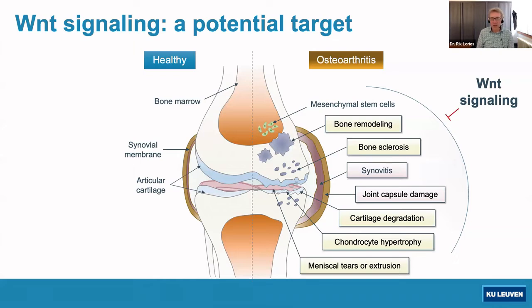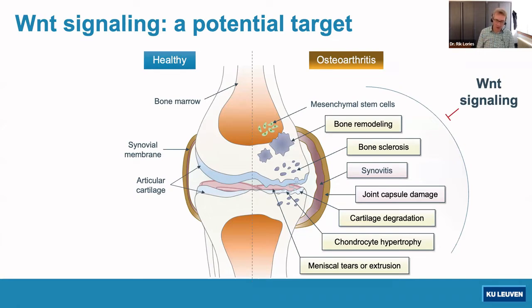And what we know now is that basically every cell in the joint can be sensitive to Wnt signaling and mostly reacts, if you look at it from the perspective of osteoarthritis, in the wrong way. We know that increased Wnt signaling is associated with increased bone remodeling, with the bone sclerosis phenotype, with synovitis, with cartilage degradation, with chondrocyte hypertrophy, and therefore less optimal extracellular matrix and rapid decay of the joint.